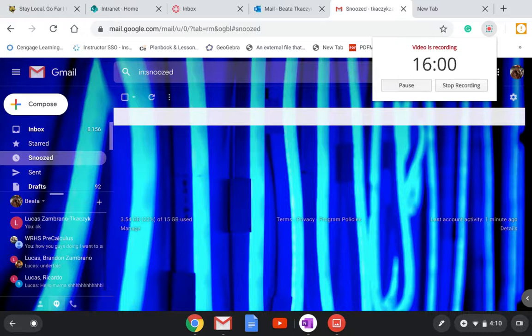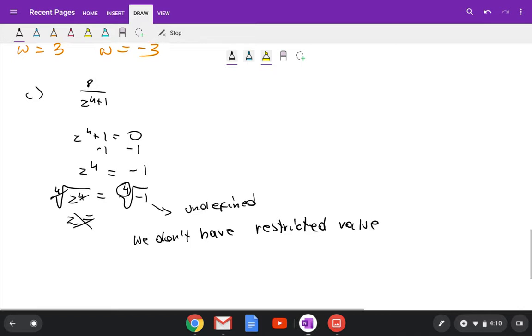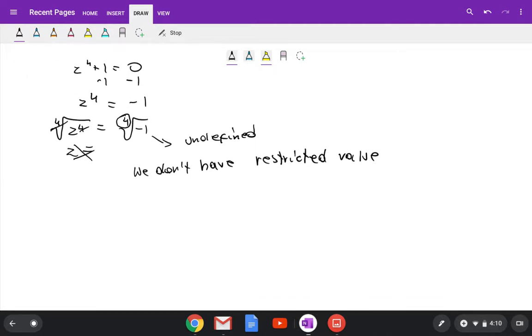So again, like you guys see, I'm pausing and resuming a lot because you are at this moment taking a test, and I'm trying to respond to your messages. But it looks like so far everybody's good. So let's continue. So in this example, we don't have a restricted value. If you cannot solve the equation, or you cannot find those values, it should be fine.